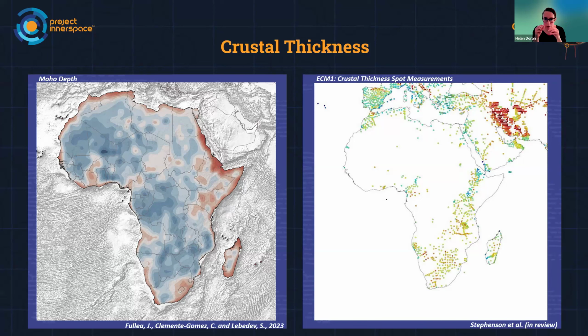There's over 26,000 spot measurements of the crust, and they primarily come from seismic data. Some of them are well data or gravity inversion data, but mostly from seismic. And importantly, it includes seismic velocities within the sedimentary cover, the crystalline cover, and the uppermost mantle.